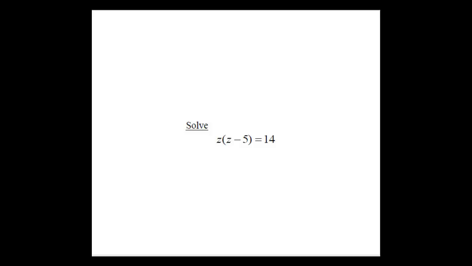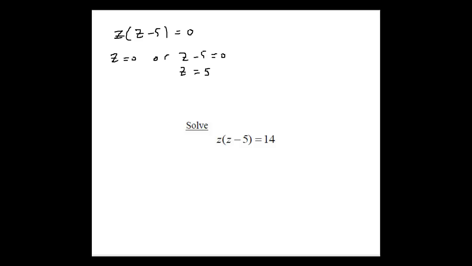If I had z times z minus 5 equal to 0, then you would be right. Either z is equal to 0 or z minus 5 equal to 0, and then you get the answers. But that doesn't work when it's equal to another number like 14. So if you want to use this method, you have to move everything to one side of the equation and let it be equal to 0 first.